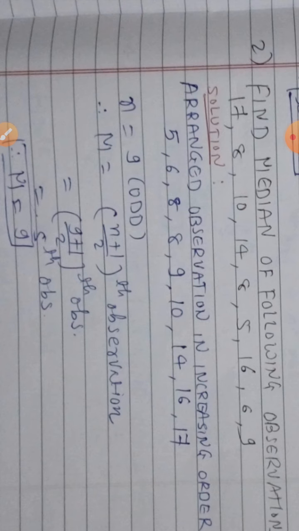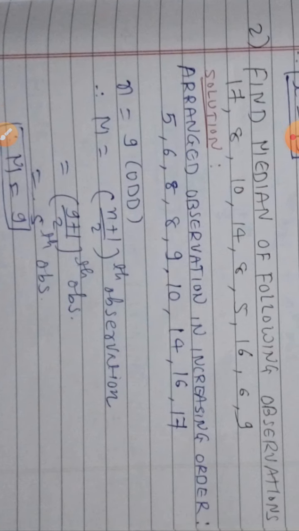Now many students write the answer directly. They easily understand that 9 is in the middle, so 9 is the answer. But if you give a direct answer, I think that is not appropriate and not expected from you. You have to give the right formula, then locate that number, and then give the value of that observation. First show the calculation of why the fifth place is in the middle, then only write the value.